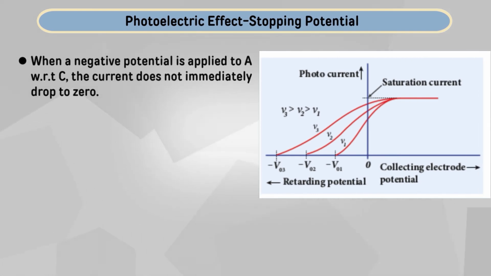This is also one of the basic terminologies used in the photoelectric effect, that is stopping potential. So, what happens when we reverse this potential? When a negative potential is applied to A with respect to C, we are just reversing that potential. Suddenly, that current does not immediately drop to 0.